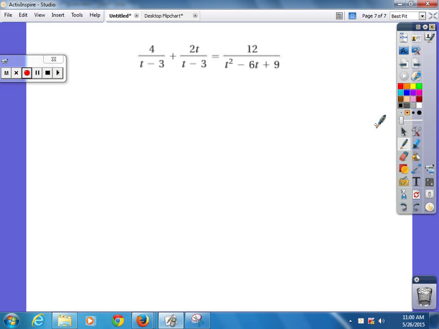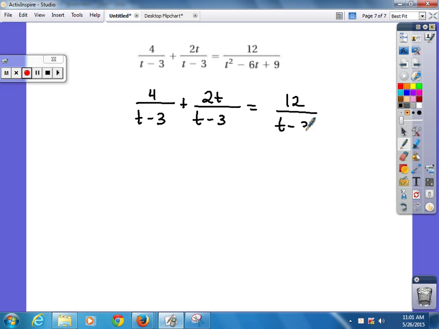All right, first thing on this one is factor. Because a trinomial is worthless unless you what? Factor it. So 4 over t minus 3 plus 2t over t minus 3 is equal to 12 over t minus 3 what?